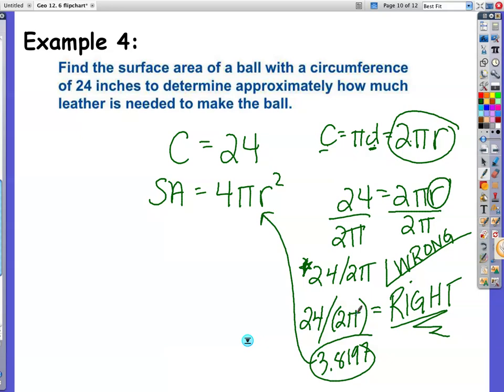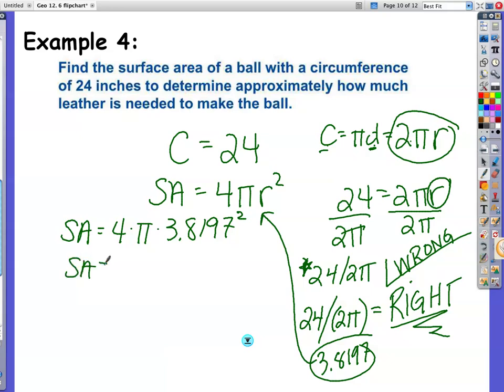All right, now that I have the 3.8197, I'm going to do 4 pi times the radius, 3.8197, squared.